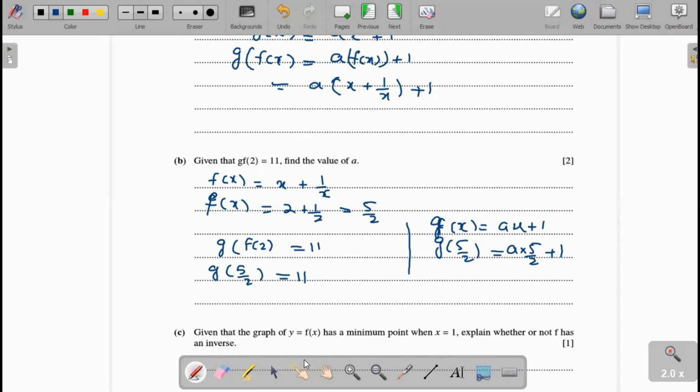Now substituting in this equation, we get 5 over 2 a plus 1 equal to 11. That means 5a equal to 11 minus 1 is 10, and that gives a equal to 20 over 5. And a is 4, which is the answer.